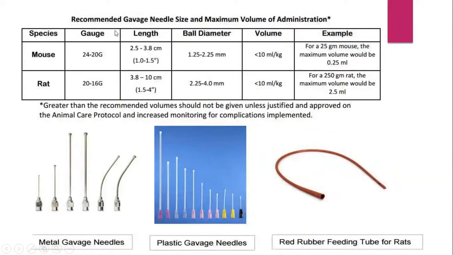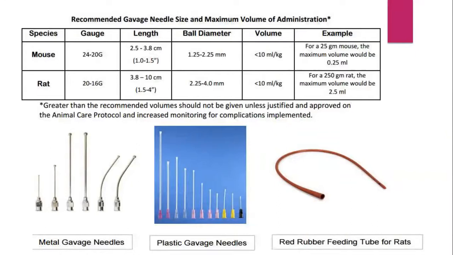Next one is the gauge needle size and maximum volume of gavage administration. The species used are the mouse and the rat. Gauge is 24 to 20 gauge for mouse and 20 to 16 gauge for rat.